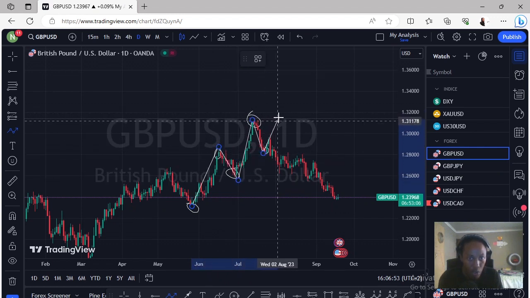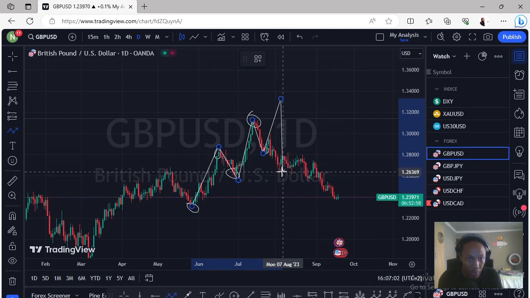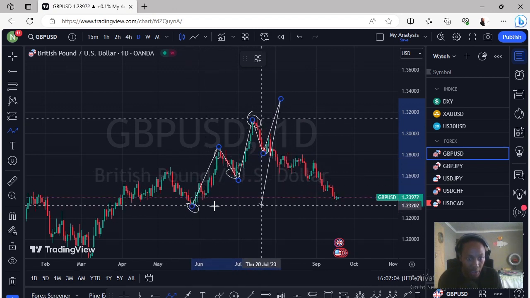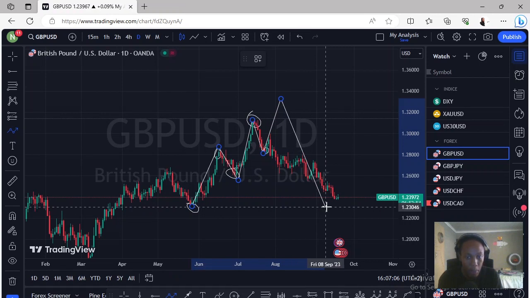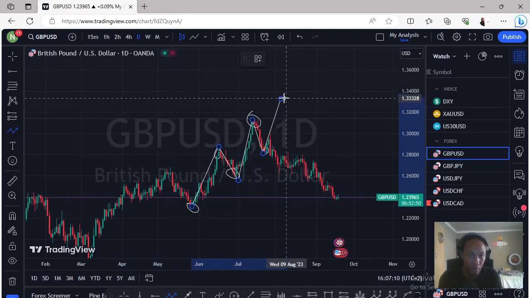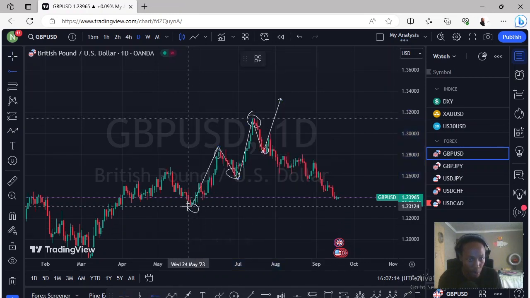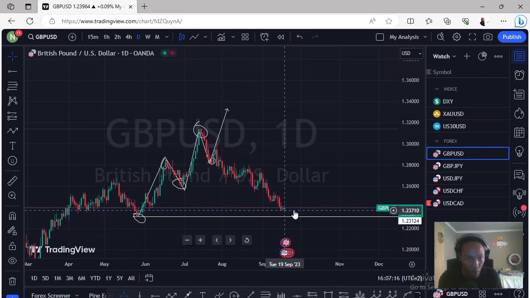The minute we failed to break above this swing high over here, we knew that we're going to sell until we head down to the previous two swing lows. So here are our previous two swing lows over here.